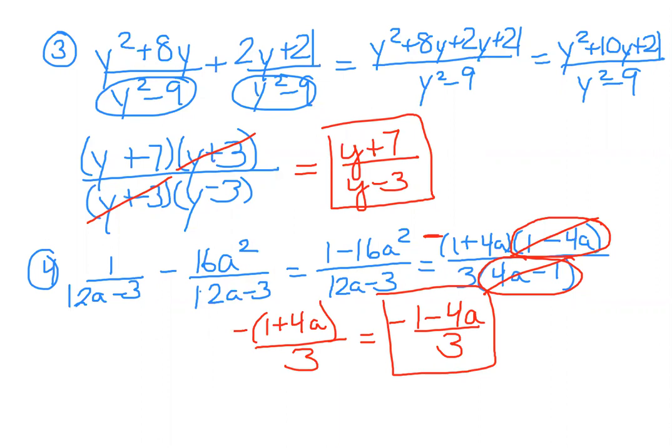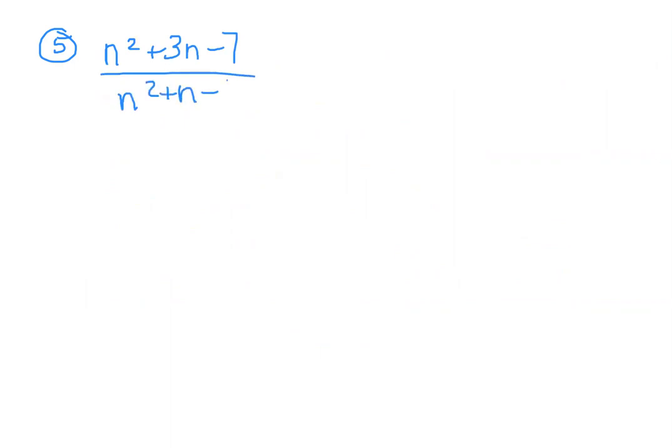Number 5 is n squared plus 3n minus 7 over n squared plus n minus 6 minus n plus 1 over n squared plus n minus 6. We've got common denominators, n squared plus n minus 6.